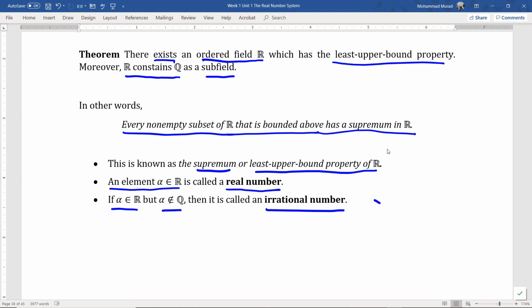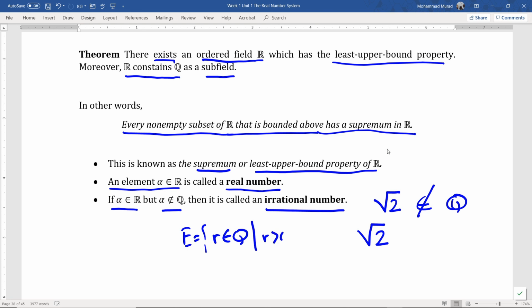Like square root of 2 was not in Q, but we know by definition that square root of 2 is the least upper bound of a set E of rationals such that R is positive and square is smaller than 2.